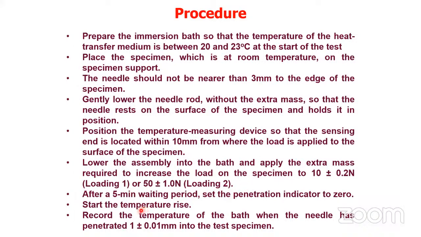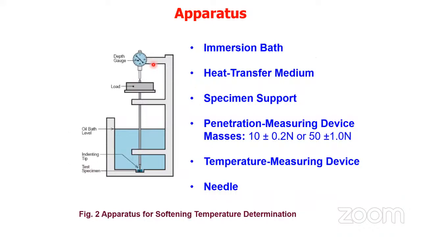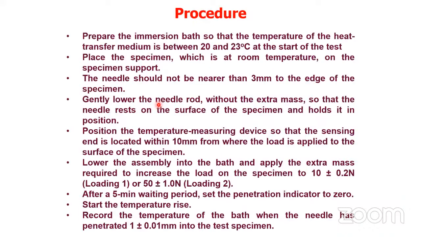After a 5 minute waiting period, set the penetration indicator to 0. Whatever indicator is presented in the depth gauge, we set it to 0 before starting the test. Then we record the temperature of the bath when the needle has penetrated 1 mm into the test specimen.